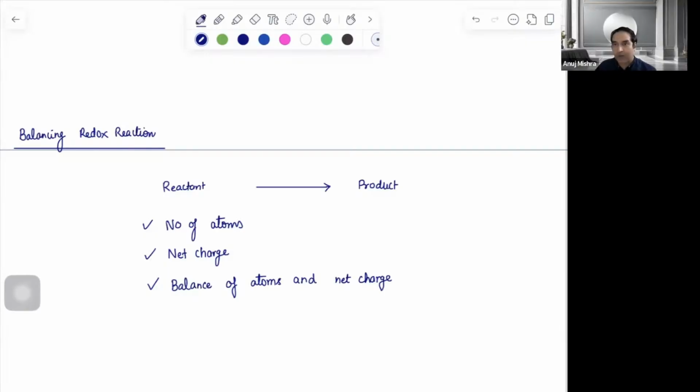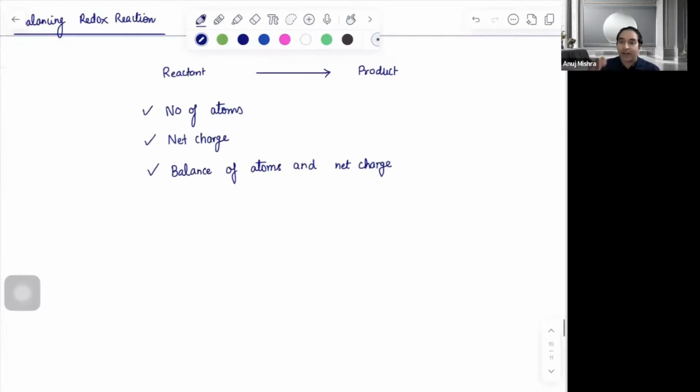Is it okay? Now to understand this, I will take some very basic examples and then gradually we'll take our level up in the balancing part. So let's start with one very basic example. Fe plus 3 gives Fe. First, let me give simple cases only.